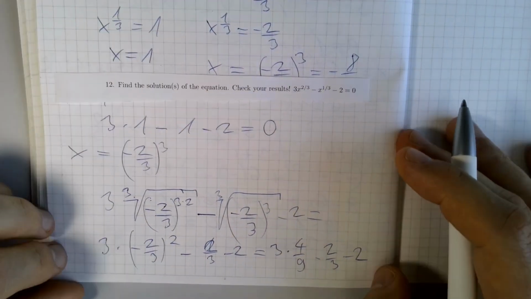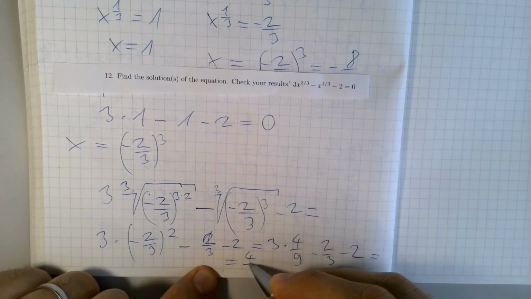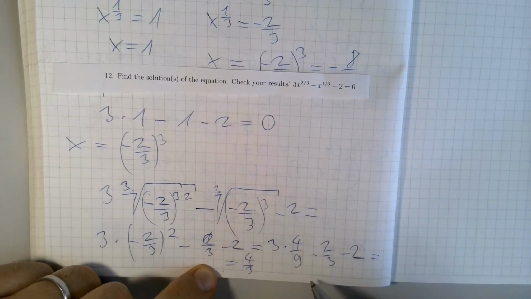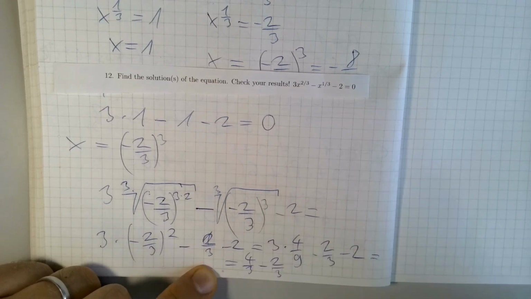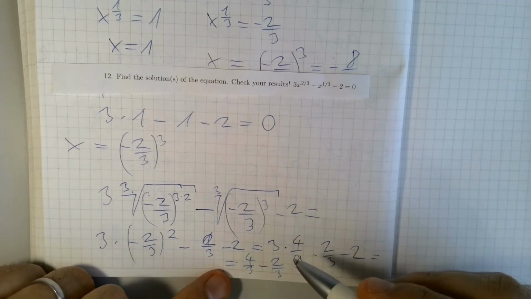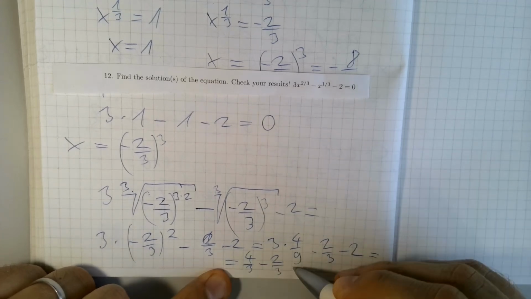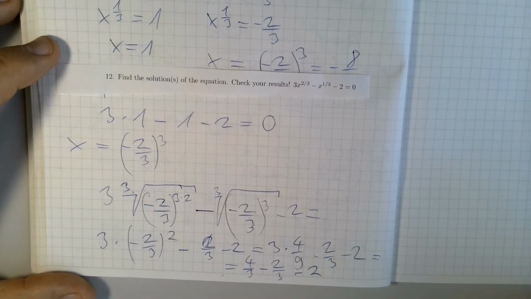So that is, well, that is 4/3 minus 2/3 minus 2, and that doesn't seem to be 0. So where did I make the mistake? Can we salvage this one?